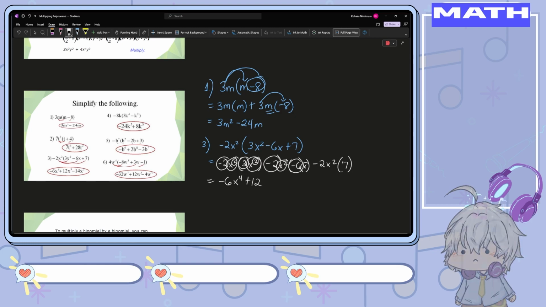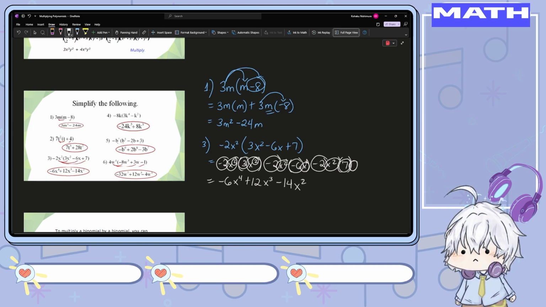X squared times x is x cubed by means of adding their exponents. Negative 2 times 7 is negative 14, and there is nothing similar to x squared, so we just keep x squared.